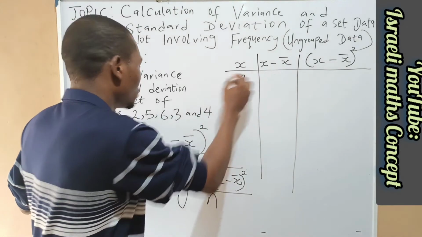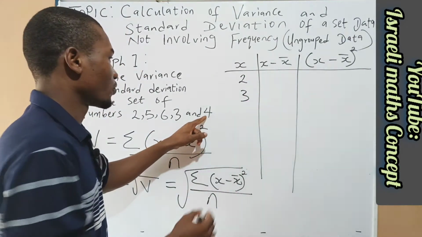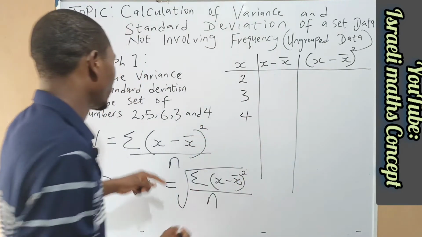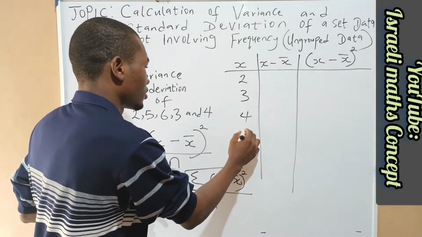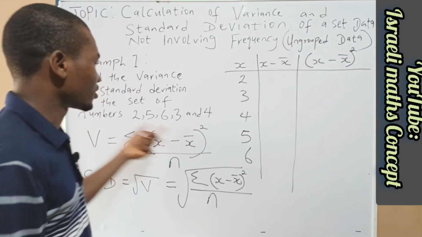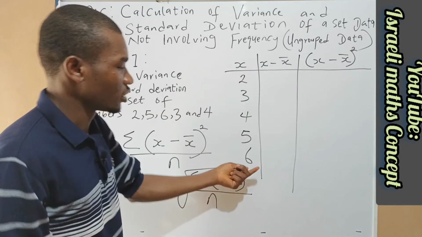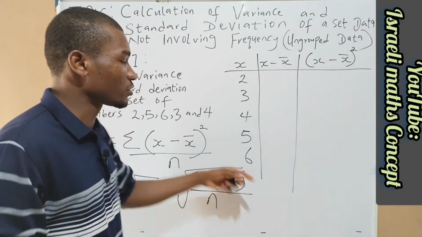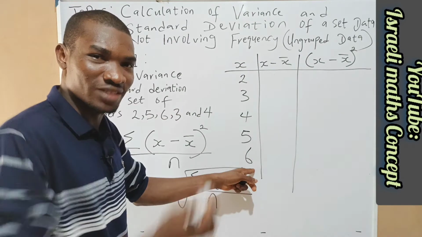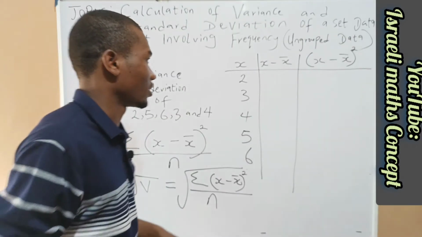So we have 2, followed by 3, followed by 4, followed by 5, then followed by 6. So these are the numbers arranged in ascending order from the smallest to the biggest. You can as well arrange it from the biggest to the smallest, that is descending order. It doesn't matter. It will still lead you to the same answer.